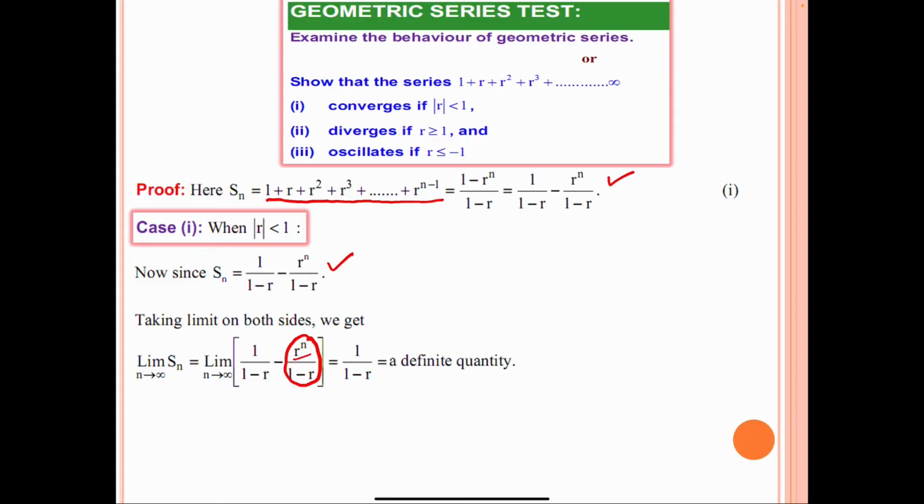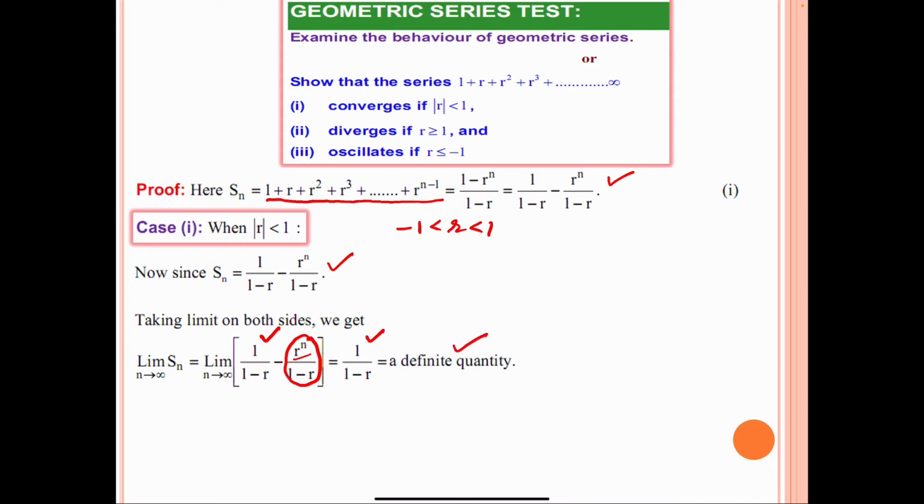So we obtain only this term 1 over 1 minus r, and since r lies between minus 1 and plus 1, not equal to minus 1, not equal to plus 1, but r in between minus 1 and plus 1. Clear? Then 1 over 1 minus r is a definite quantity.